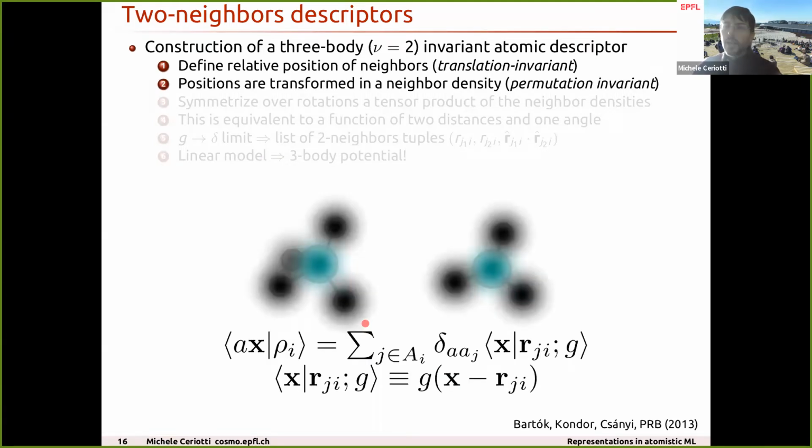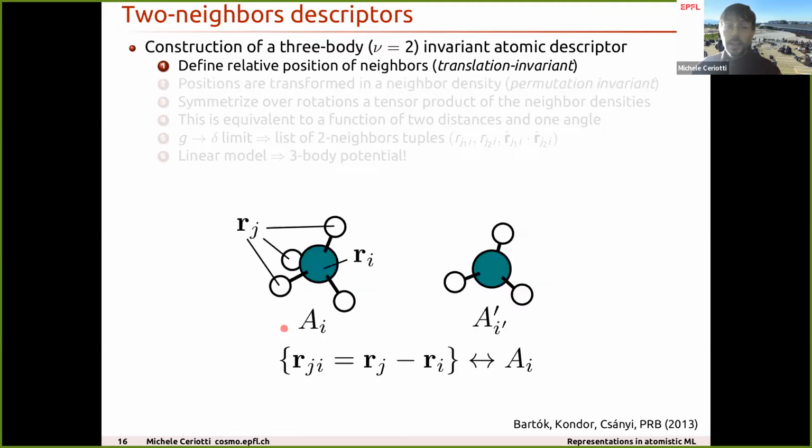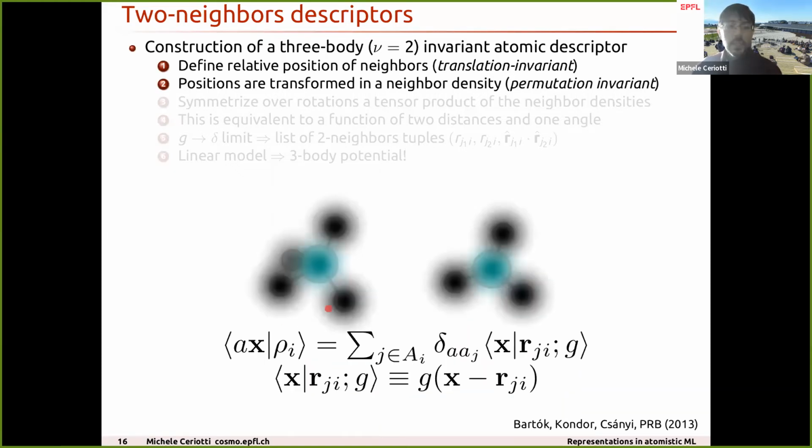So the first step is to move to a description in which this neighborhood is described with a neighbor density. And the reason for doing this is that now we don't have to worry about permutation symmetry, and the order by which we list the neighbors of the atom. And still, this is a perfectly fine, complete description of the atomic neighborhood.